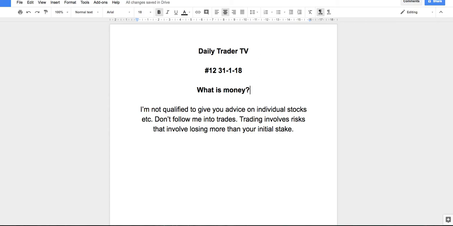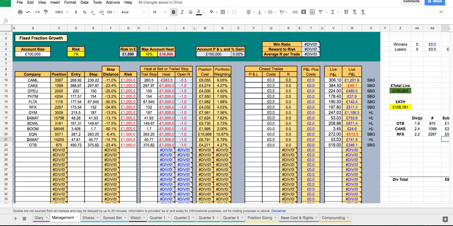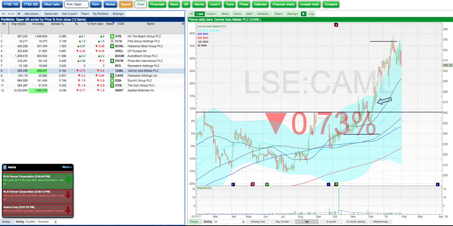Now, why does that matter? Well, let me give you an example. I'm going to give you an example from trading, but it applies to life as well. When you're trading, markets fluctuate, markets go up and they go down. In fact, let's have a look at a chart.